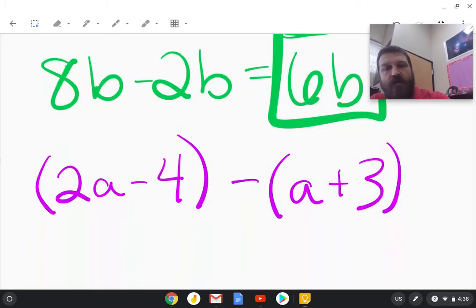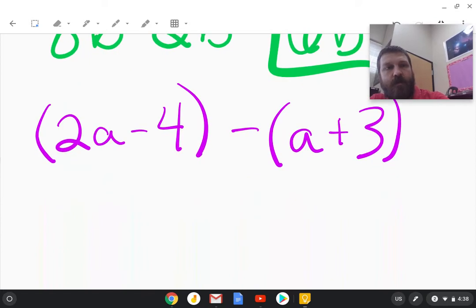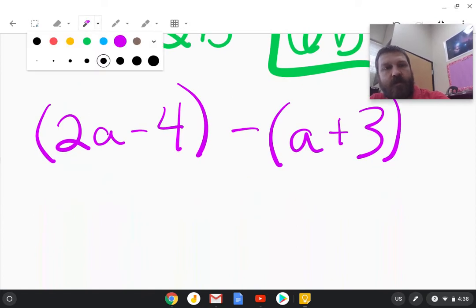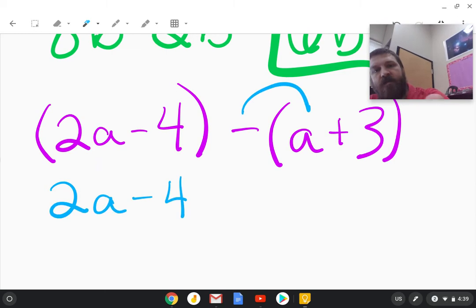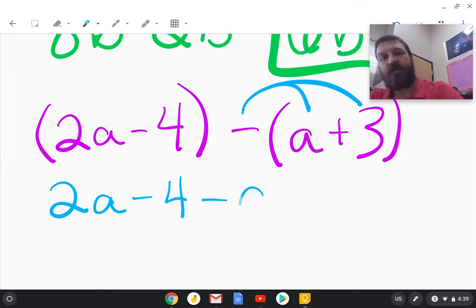Okay. So let's say we have this and we want to simplify. In order to simplify this, we have to get rid of all the parentheses and deal with this negative right here. So really, when I simplify, the next step is going to say 2a minus 4 minus a minus 3. So this negative, even though there's not a number here, is being distributed throughout this parentheses. So it'll be minus a minus 3.